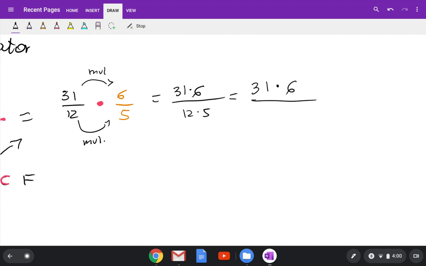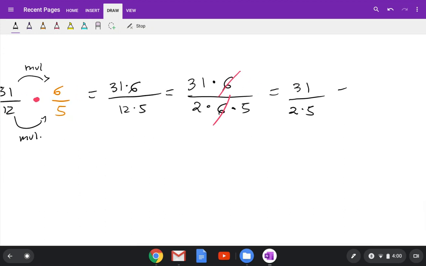I'm going to rewrite 12 as 2 times 6 times 5. So you guys can see that we can reduce this fraction by 6. We can divide each by 6. And that will give you 31 over 2 times 5, which is the same as 31 over 10. And this is the final answer.